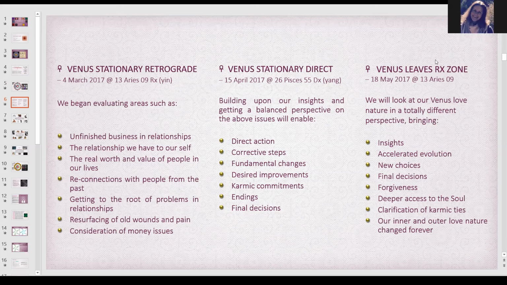When Venus leaves the RX zone, we will look at our Venus love nature in a totally different perspective, bringing insights, accelerated evolution, new choices, final decisions, forgiveness, deeper access to the soul, clarification of karmic ties, and our inner and outer love nature changed forever.